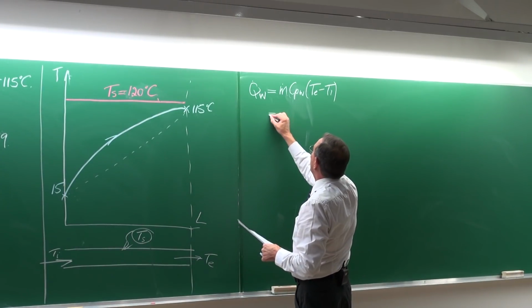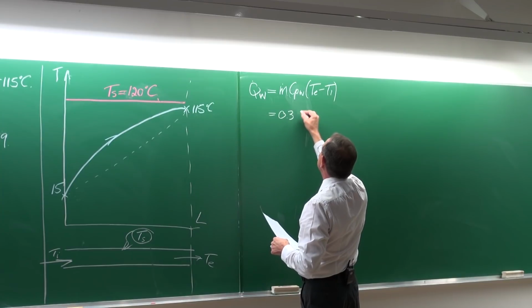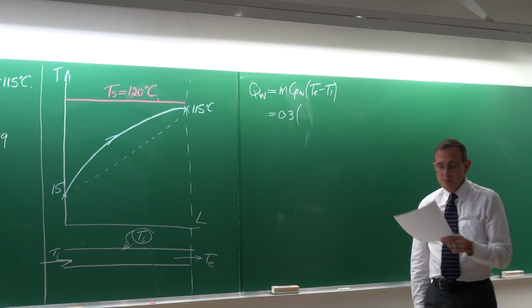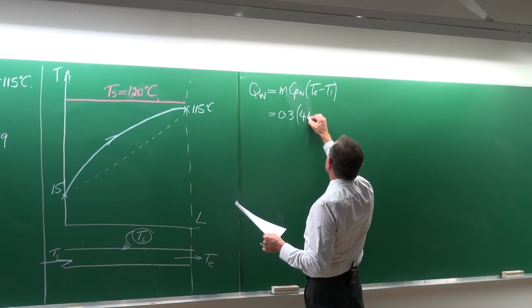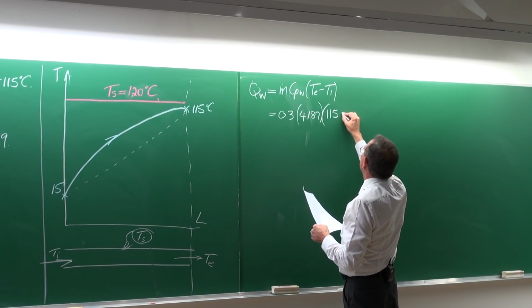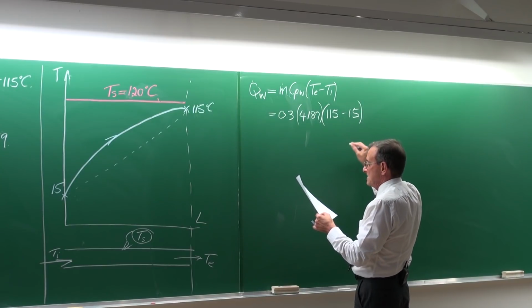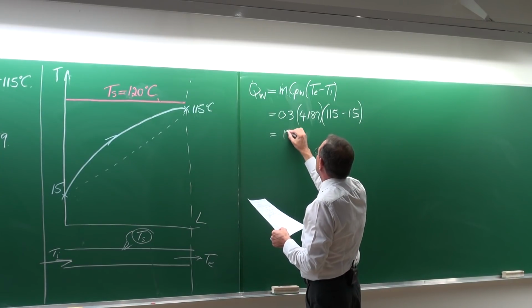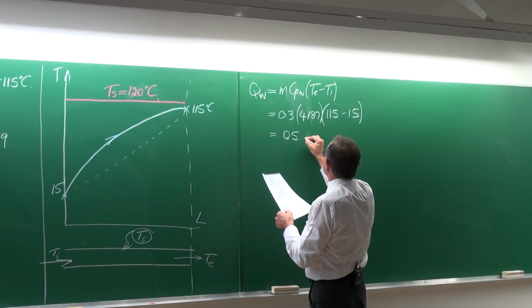The mass flow of the water is 0.3, the Cp is 4187, the outlet temperature is 115, and the inlet temperature is 15. So the heat transfer rate is easy: 125.6 kilowatts.